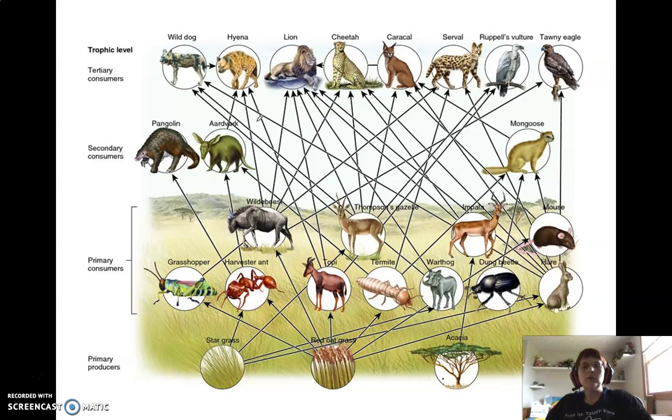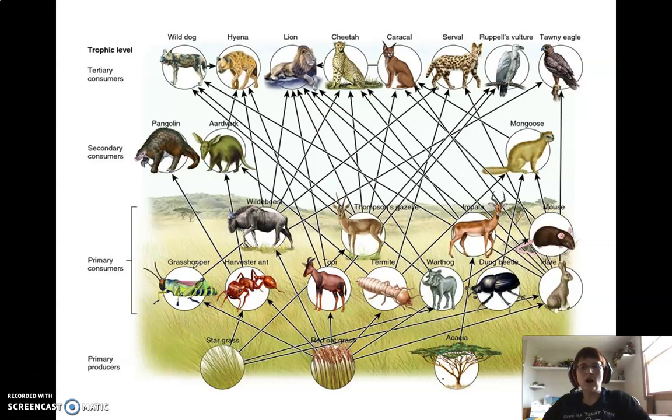So you have to follow the lines, and the lines will point towards who is doing the eating. So the arrow always points to who is doing the eating, that's who's getting the energy. In this case, I don't think, yeah, on this food web, there are no omnivores.